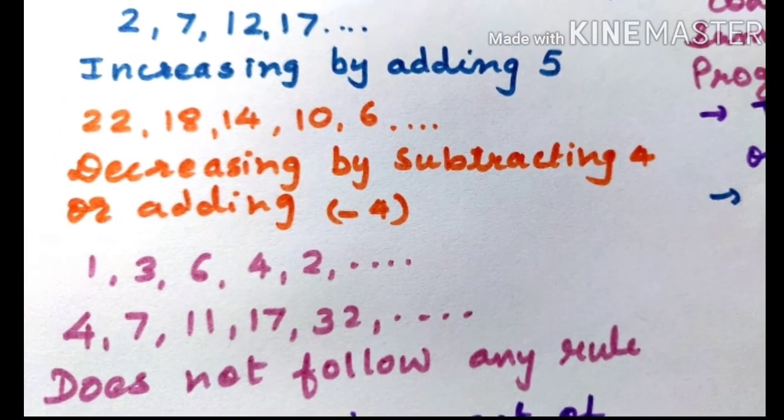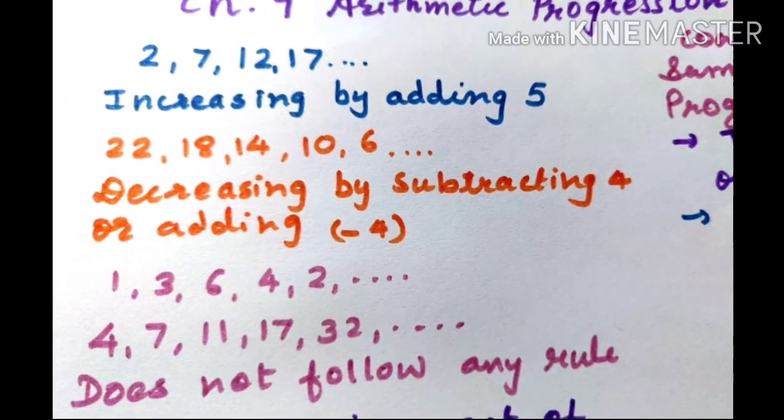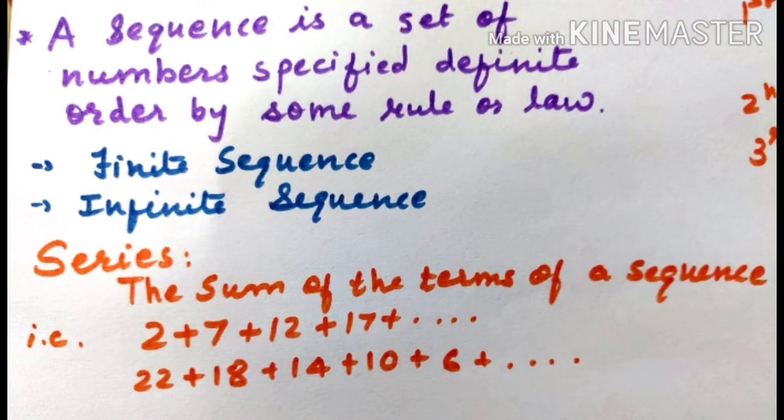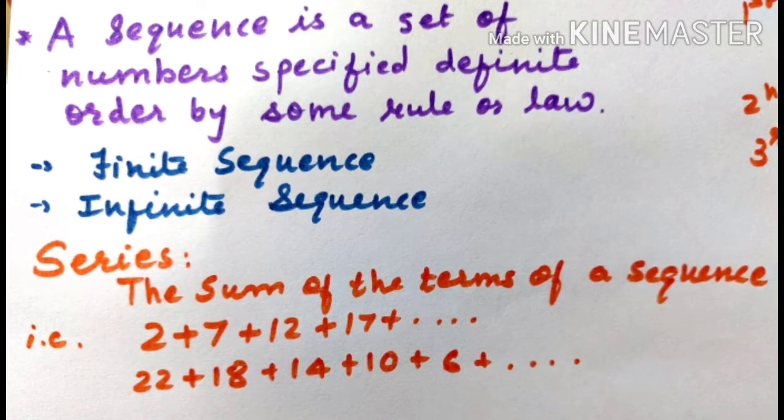So students, we have learned that if you can see some pattern in a sequence, then there is some meaning to it. So let us study what a sequence is. A sequence is a set of numbers specified in a definite order by some rule or law.